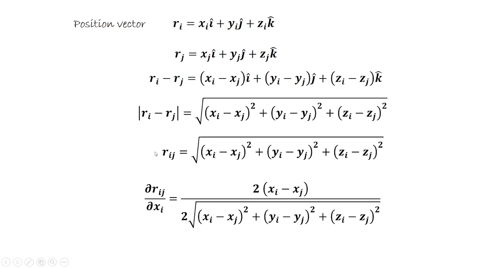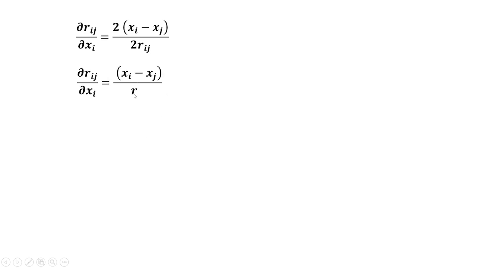You just differentiate this with respect to x one time, you'll get this type of thing, y and z also. If you look carefully here, in place of the root we are going to use rij. After using the denominator value, the 2 gets cancelled.